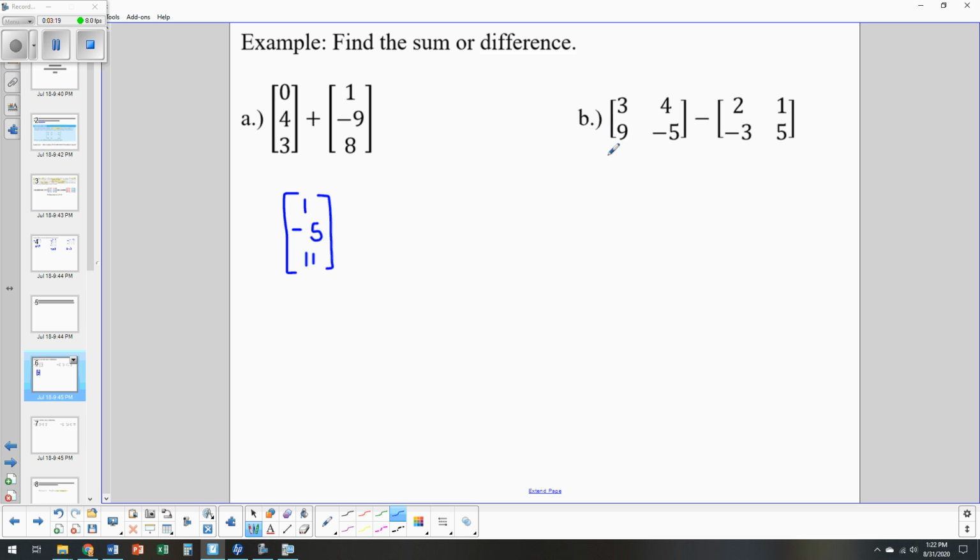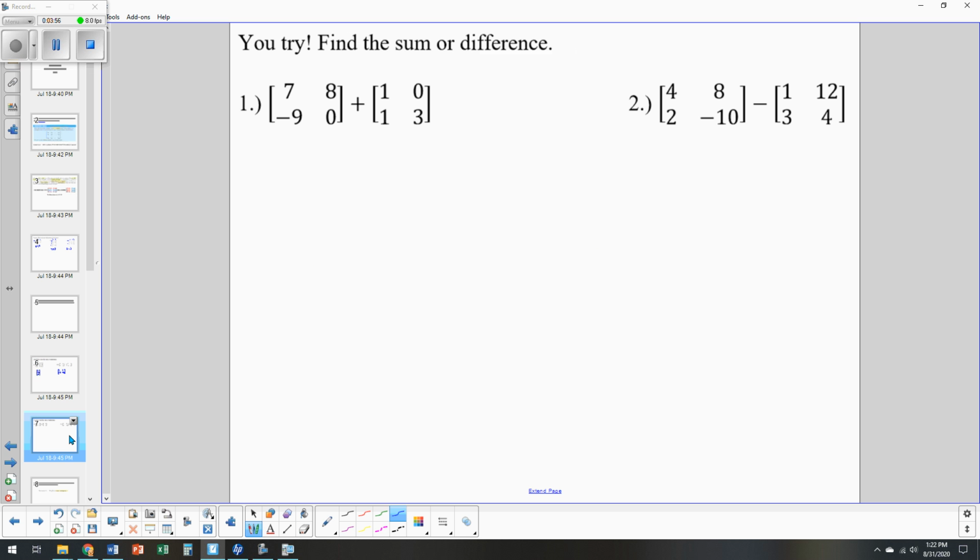In part B, we're subtracting. So we just have to remember, each time we compare elements or compare entries, we're going to make sure we subtract between. They're both 2 by 2 matrices, so my answer will also be a 2 by 2 matrix. So we're going to have 3 minus 2, and we get 1. 4 minus 1, we get 3. 9 minus negative 3, it's like 9 plus 3, so we get 12. And negative 5 minus 5, we get negative 10. So you can try these and pause it.